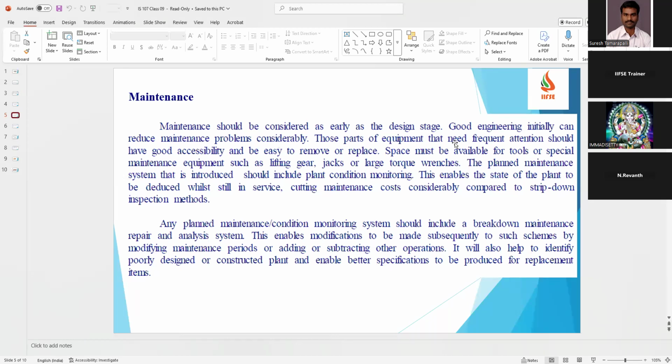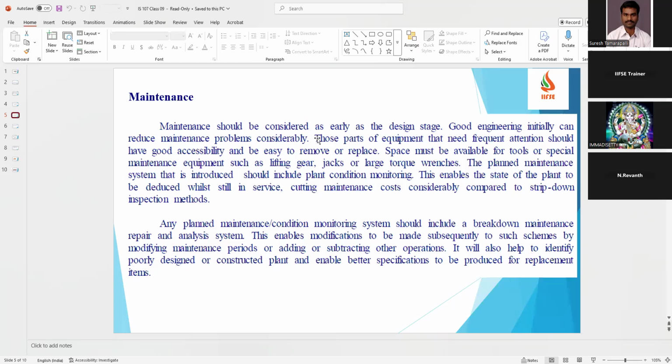Those parts of the equipment that need frequent attention should have good accessibility and be easy to remove or replace. This point we covered in IS 102 regarding the design of machine guarding. Whenever specific parts need frequent inspection, refilling or monitoring, those parts can be kept away from the machine guarding.